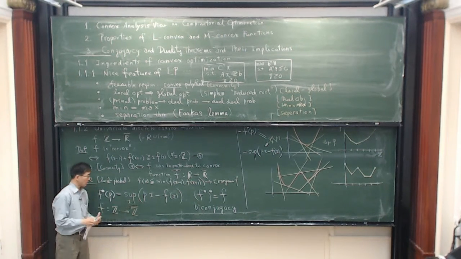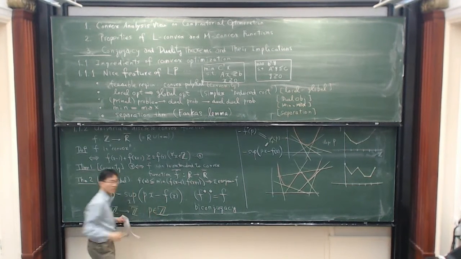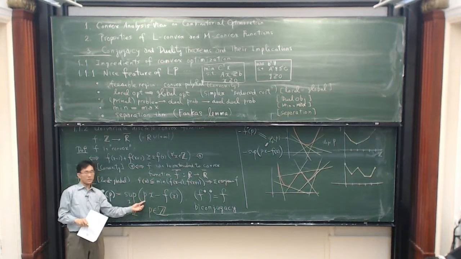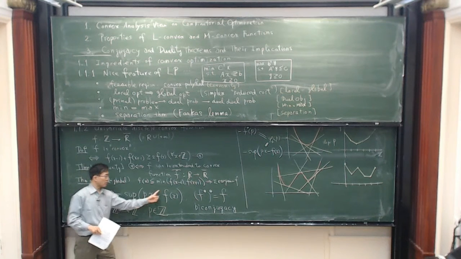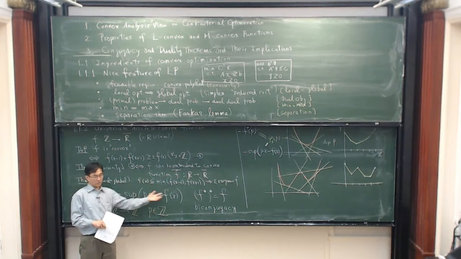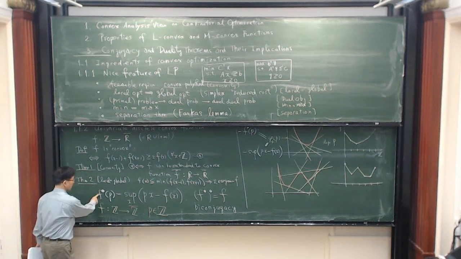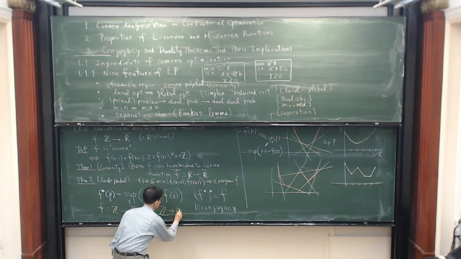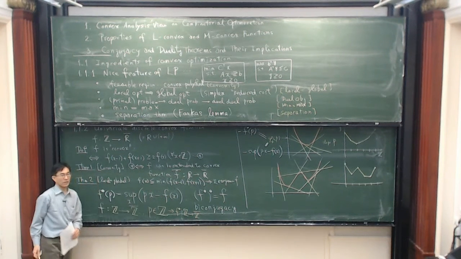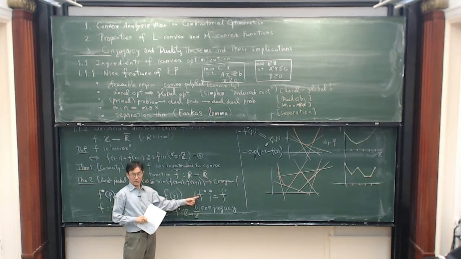And p here is also an integer. So if p is an integer and x is an integer, then p times x is an integer, and this is integer valued. So the supremum is taken over integers, so the value itself is an integer. So this construction shows that this function is the same type of discrete function. And that makes sense.